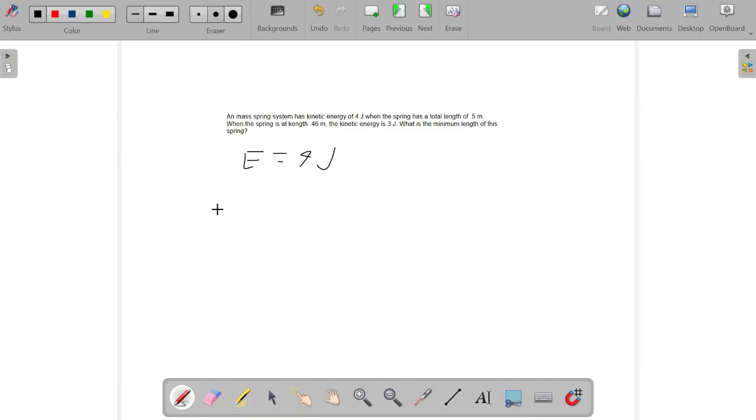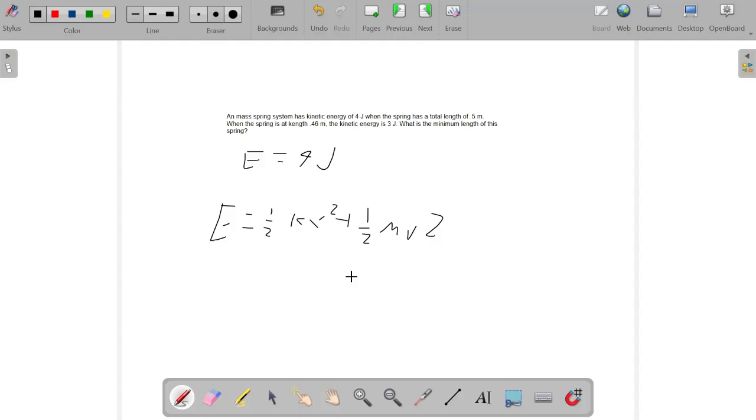We know that E also equals 1 half kx squared plus 1 half mv squared, because these are just two components of its energy, kinetic and potential spring.